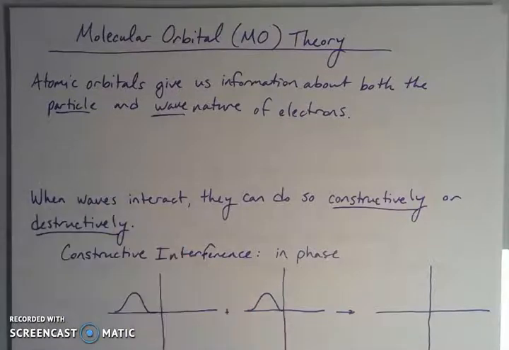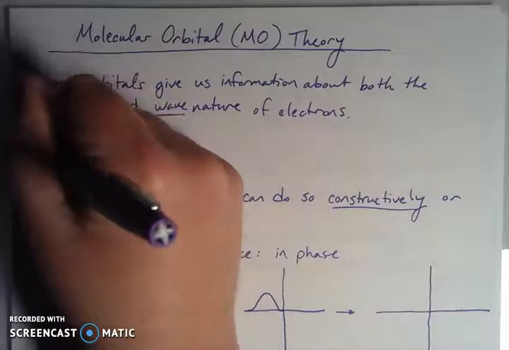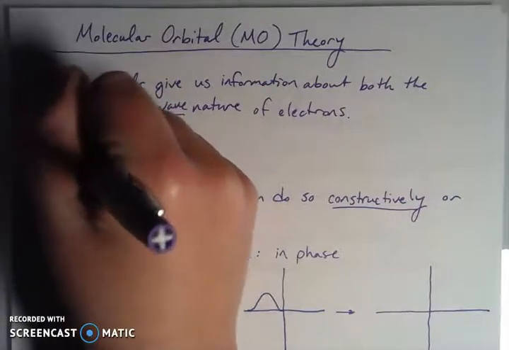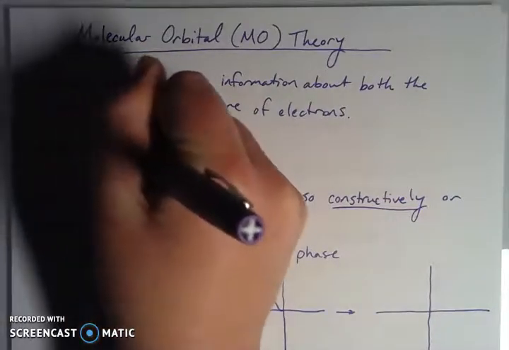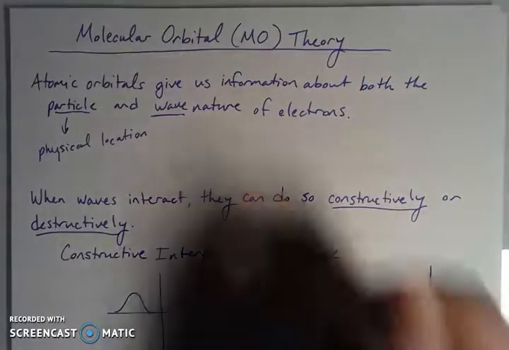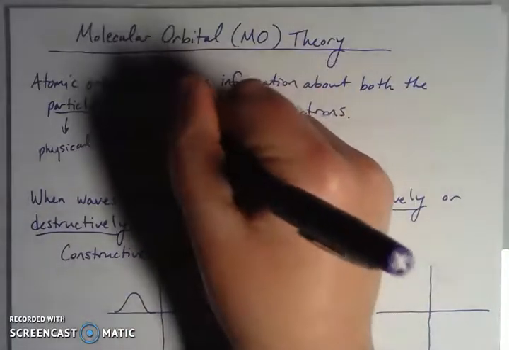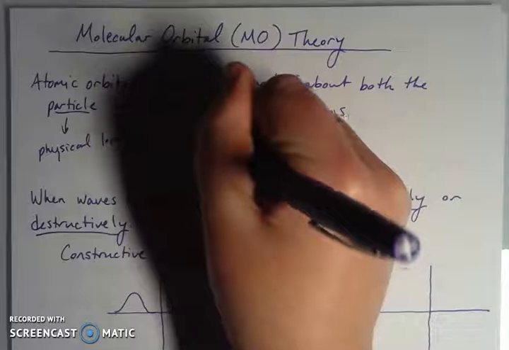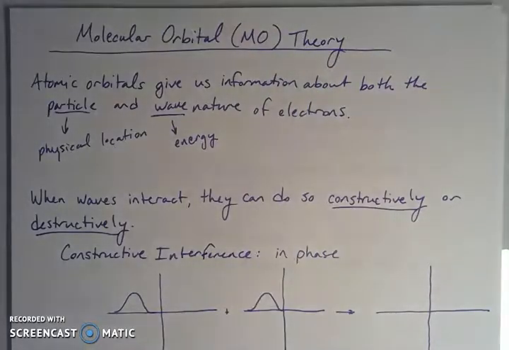When we're talking about the particle nature, we're talking about a physical location, that region in space that we're looking at. But the wave nature, we're talking about the energy. And the energy comes from the relation to the nucleus. The further away from the nucleus I am, the greater the potential energy that electron has.